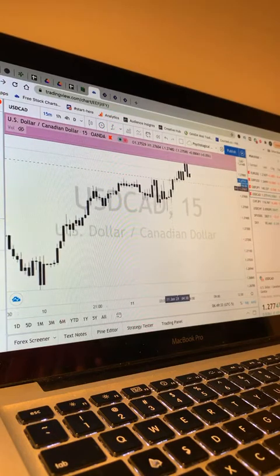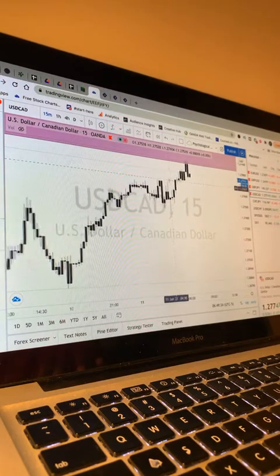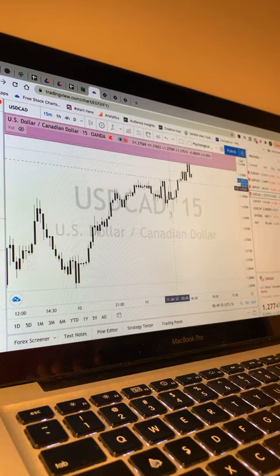I'm entering as soon as I get off of here, if it's still looking right. Yeah, if it's still looking right, I'm entering USD CAD as soon as we get off of this live.